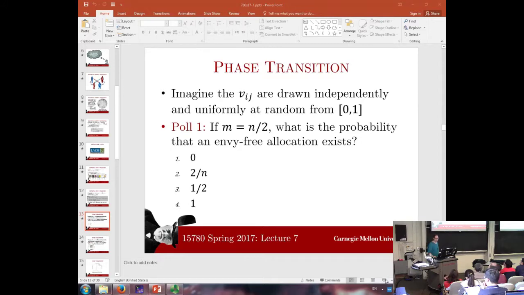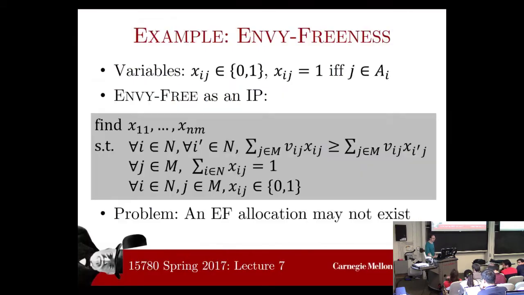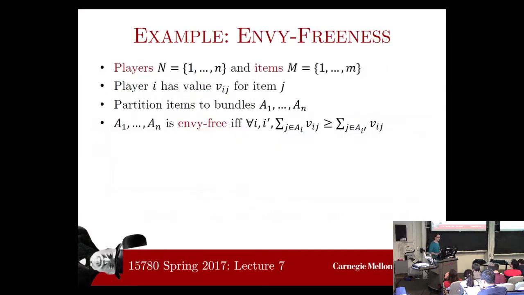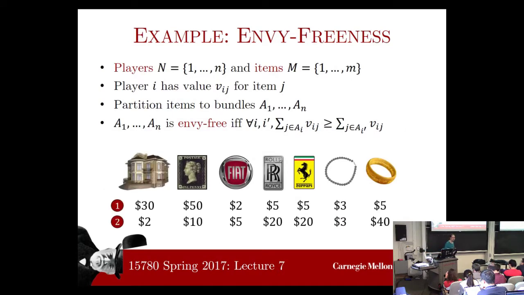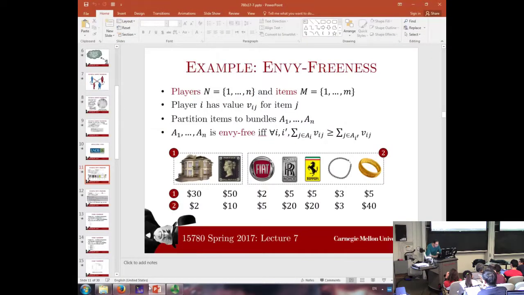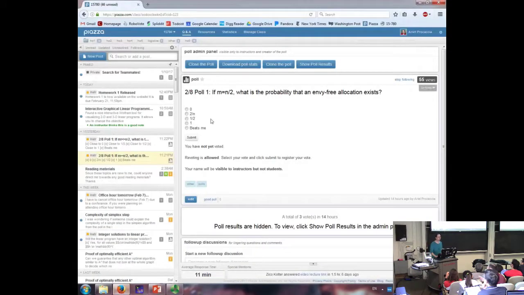Because you can see the poll on Piazza, I'll go back to the definition of envy-freeness on this slide. At least on mine, I only see one option. Is everybody seeing all of the options okay? Yeah, I'm also only seeing one option. It's weird on the phone.